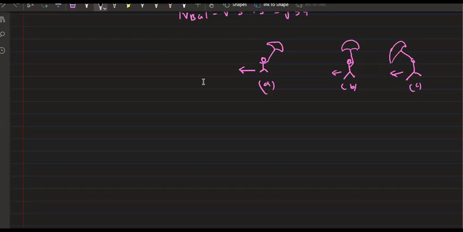Just imagine, how do you keep your umbrella to protect yourself if you're going in this direction? Will it always be A or B or C? Or is there any other factor?